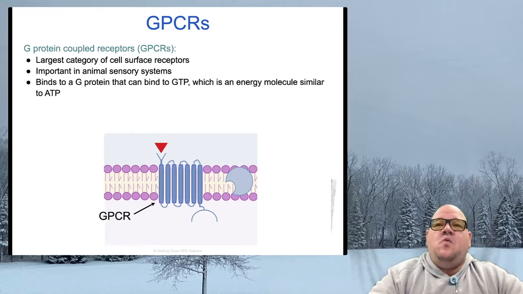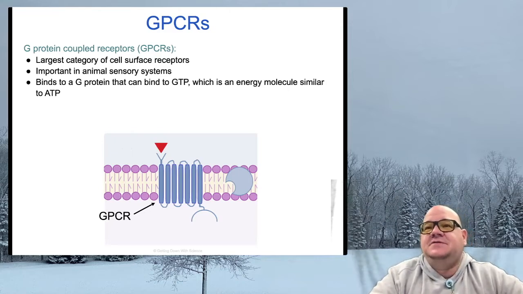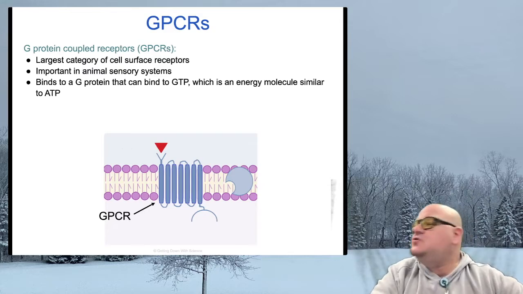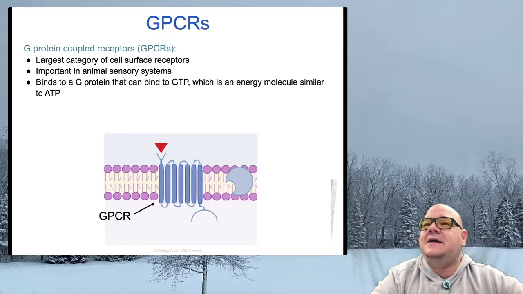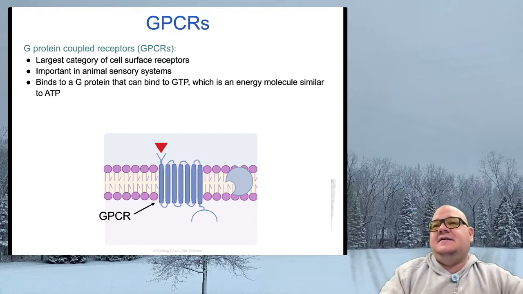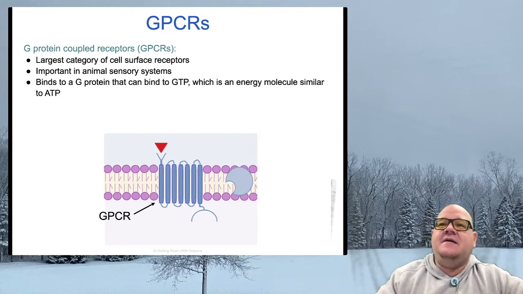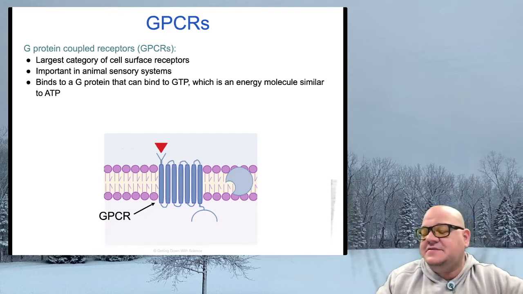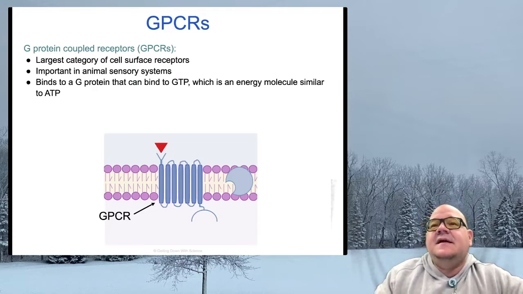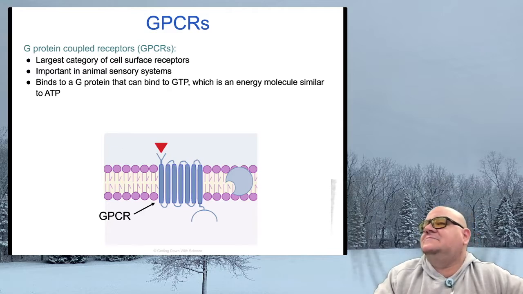So what we have, this G protein thing, when we look at evolution, we see the development of ATP being used widely across almost every organism. I don't think there's anything that doesn't use ATP. But we think earlier in biological evolution, there may have been another molecule very similar to ATP called GTP.